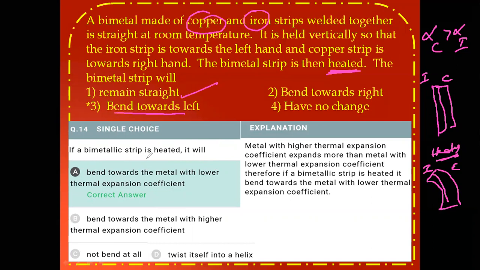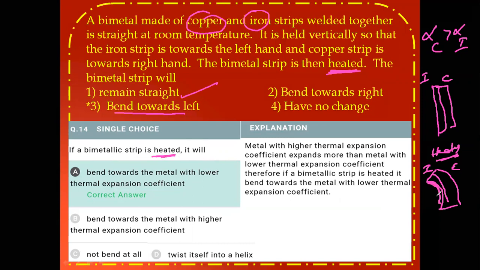Next one. If a bimetallic strip is heated, it is the MCQ model problem: it will bend toward the metal with the lower thermal expansion coefficient. Just now I said, if the radius is less, it has more bending nature.